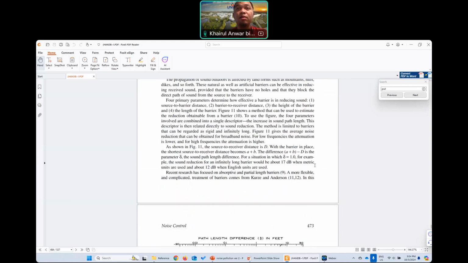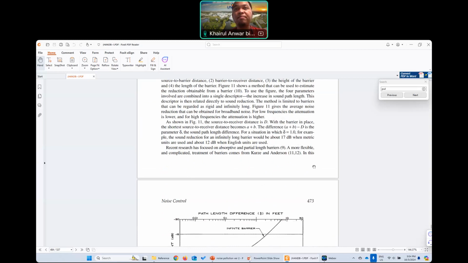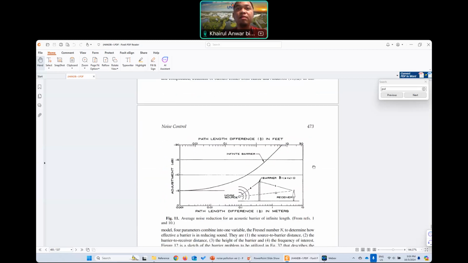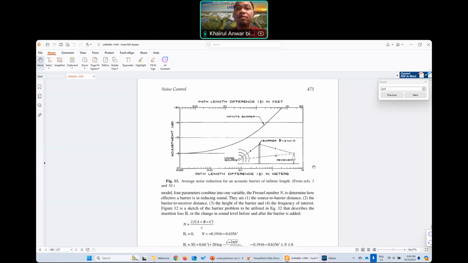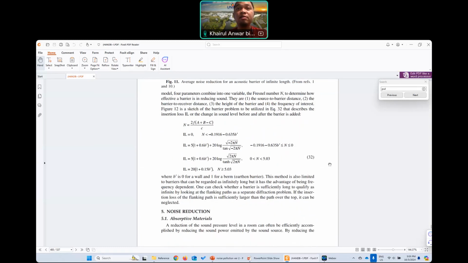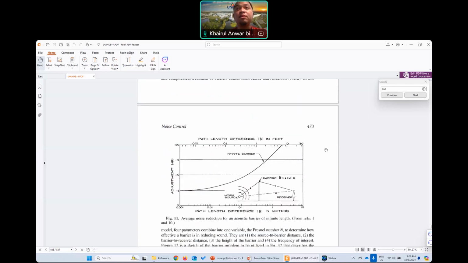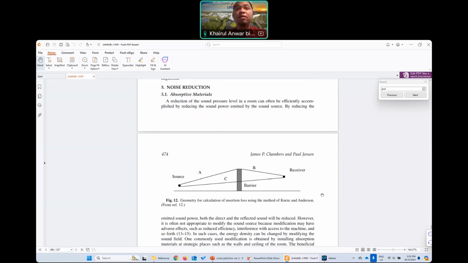I think this one is probably useful when you drive on the highway and there's a barrier, especially near the residential area. You have to create a barrier between the highway and the residential area. For noise reduction, page 473.